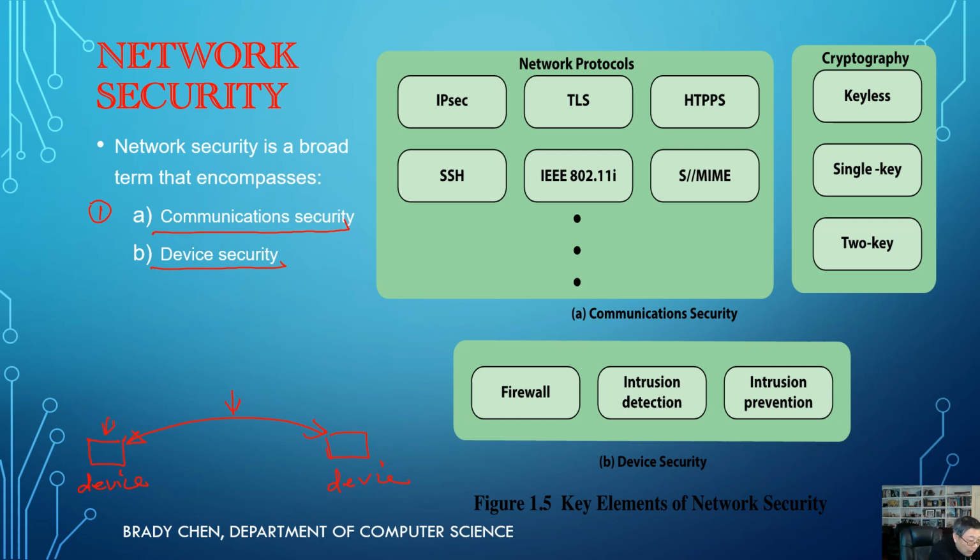Okay. Now, let's first take a look at communication security. Communication security is primarily implemented using network protocols, like TCP or IP. A network protocol consists of the format and the procedures that govern the transmitting and receiving of data between two points in the network.